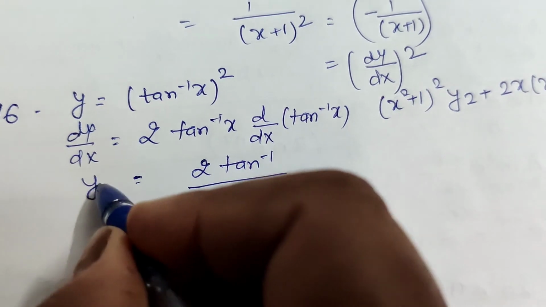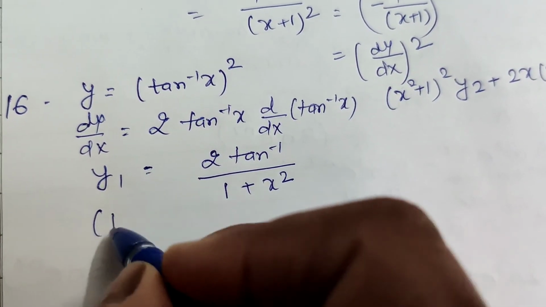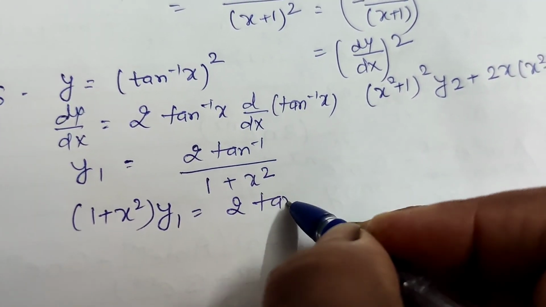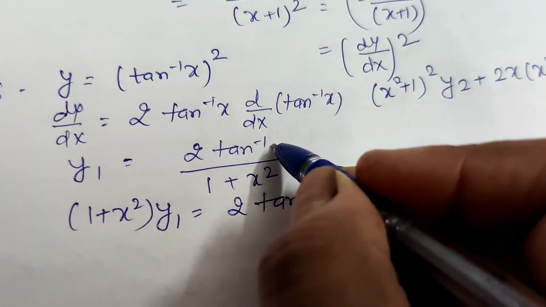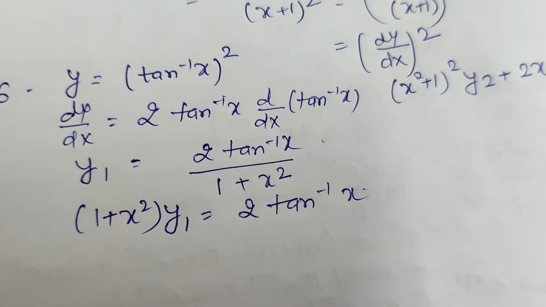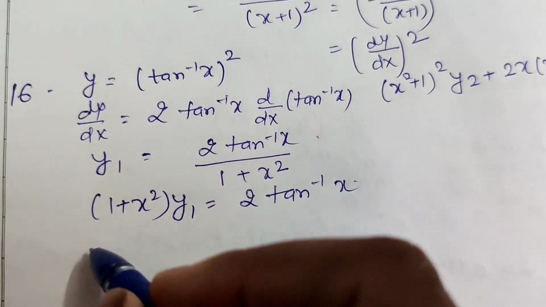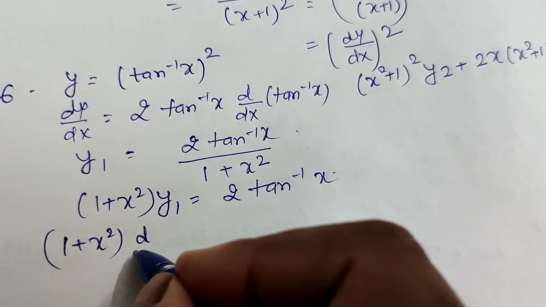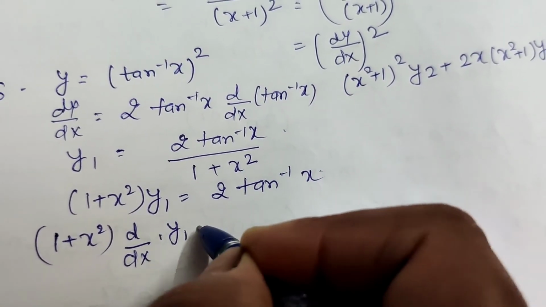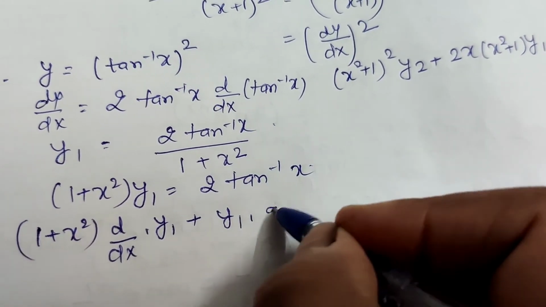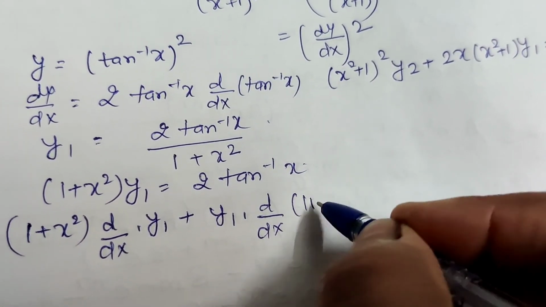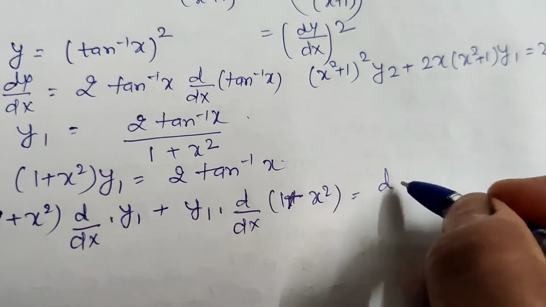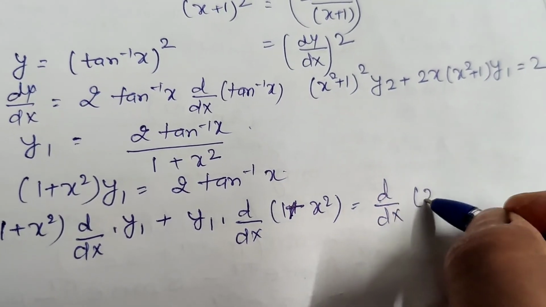It is equal to y1. Now cross multiply. 1 plus x square into y1 equal to 2 tan inverse x. Now again differentiation. It is equal to 1 plus x square d over dx of y1, plus y1 d over dx of 1 plus x square, equal to d over dx of 2 tan inverse x.